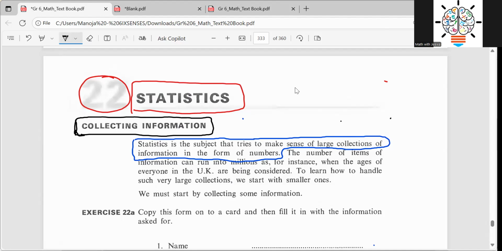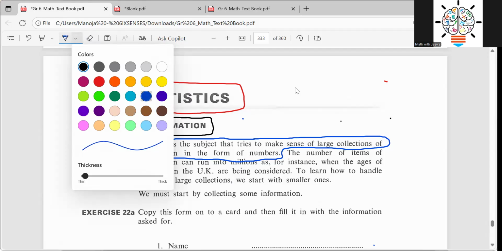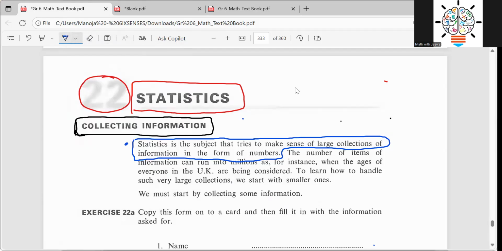That is the subject, called statistics. Your first point should be what statistics is, what we are doing there: we try to make sense of large collections of information in the form of numbers.